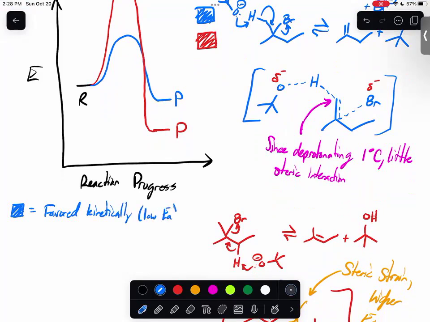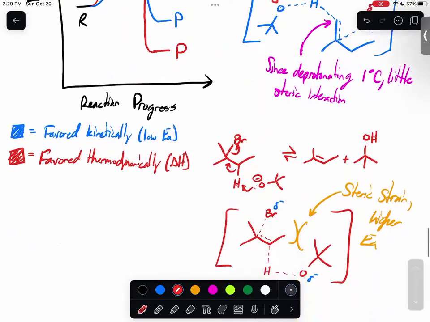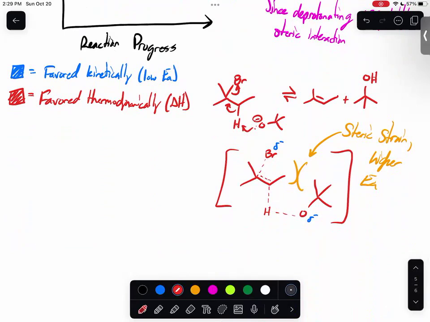But we would say the red reaction is favored thermodynamically due to its negative delta H, right? More negative. Both of them in this case are negative. Here's the thing, right? The activation energy is directly impacted by how much bulk you have around your base.